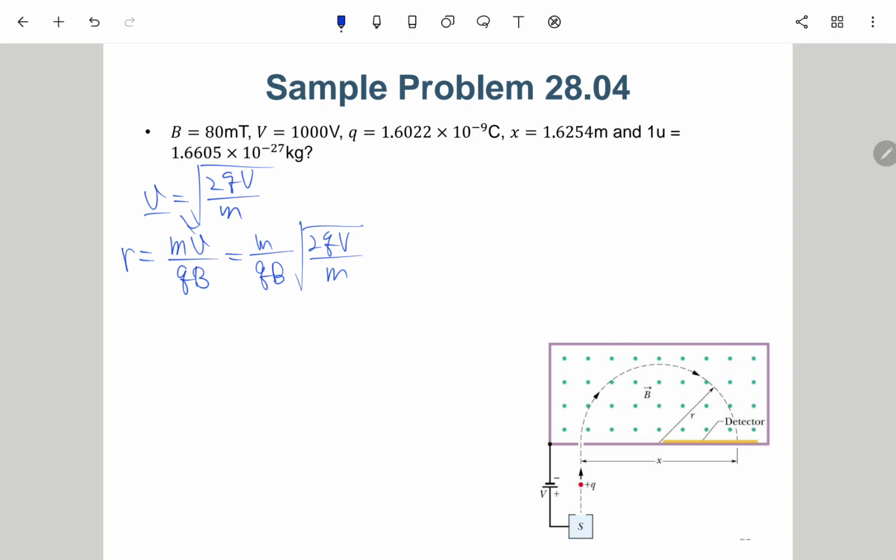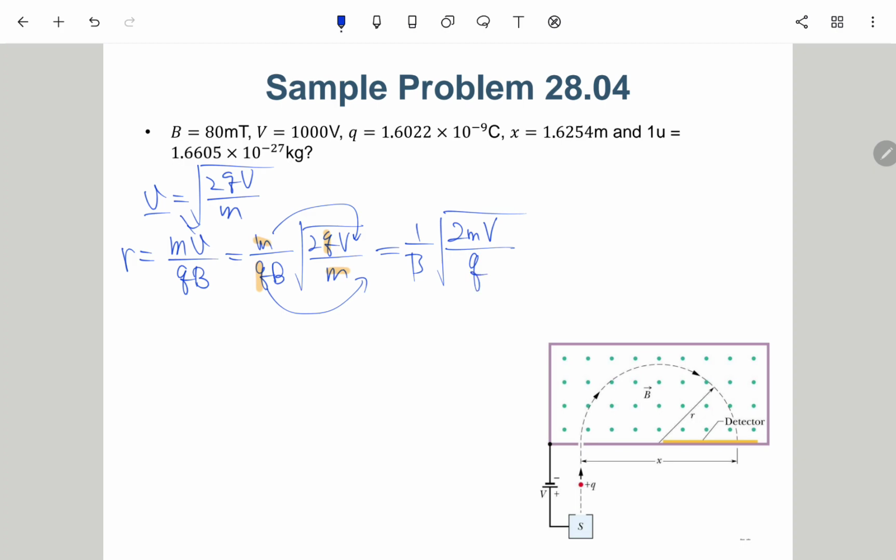Okay, so actually we can just put this m inside and then put this Q inside, because we have this Q, and this is m and m, so it can be partly cancelled. So finally it becomes 1 over B and then square root of 2mV over Q.